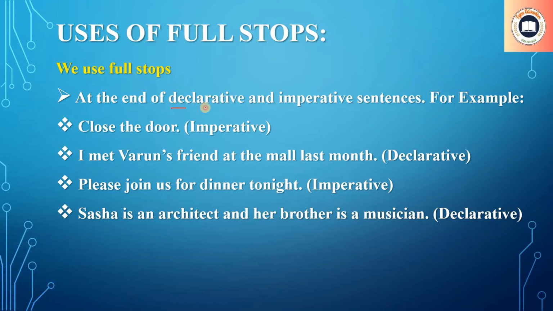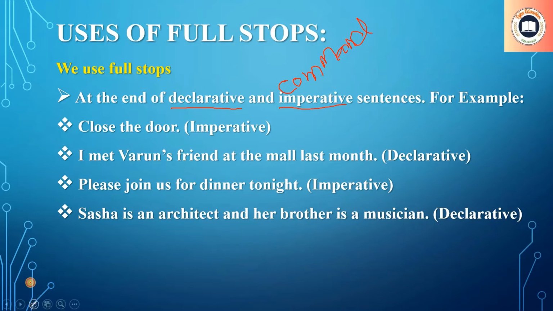Now, next kind of sentence is imperative sentence. What are imperative sentences? Imperative sentences are the sentences that give some kind of request, order and command. So imperative sentences, they give some sort of request, order or command.